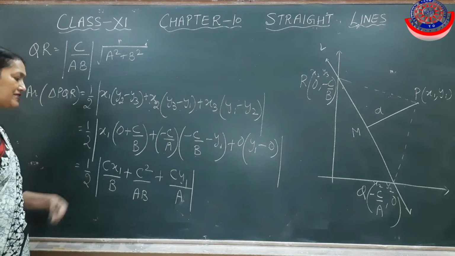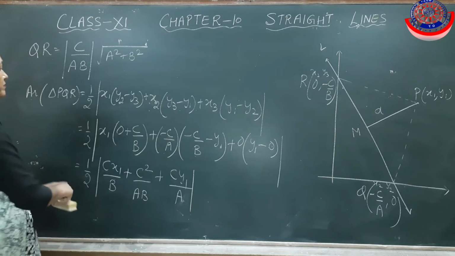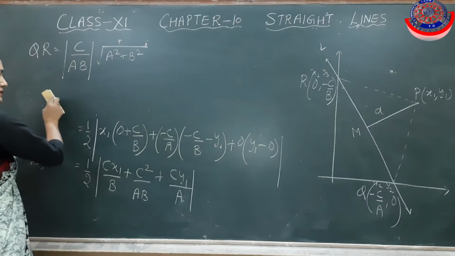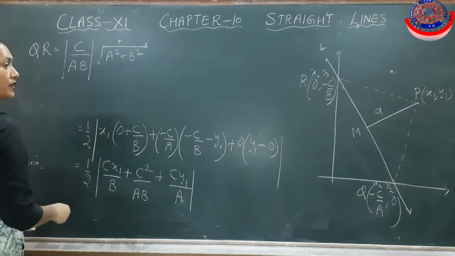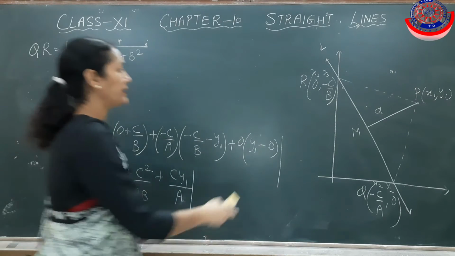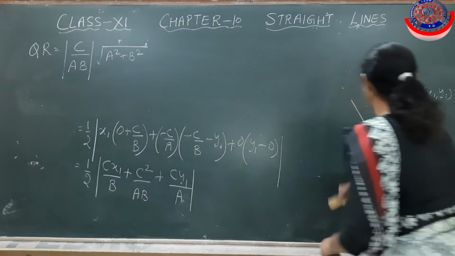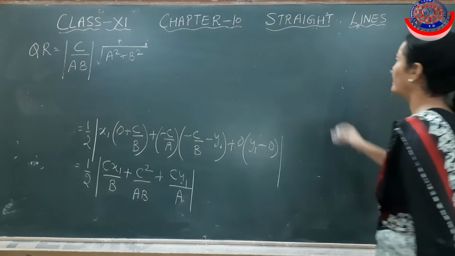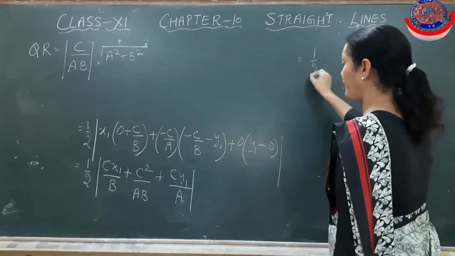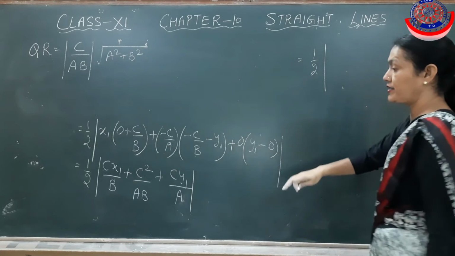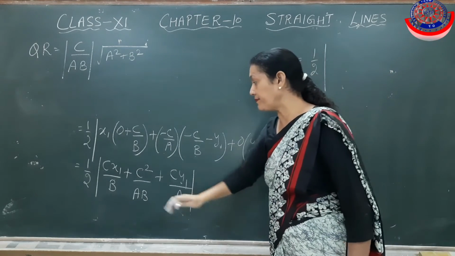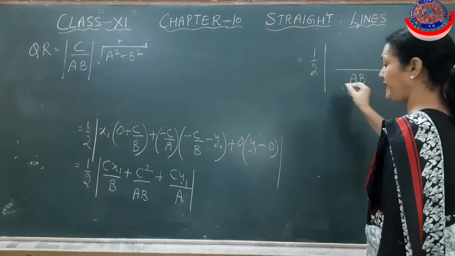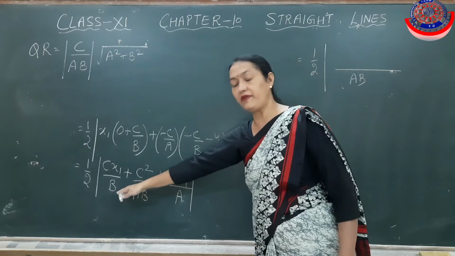Now, by taking LCM, we get the area of triangle as, let's see, LCM is taken ab. ab divided by b will give a.